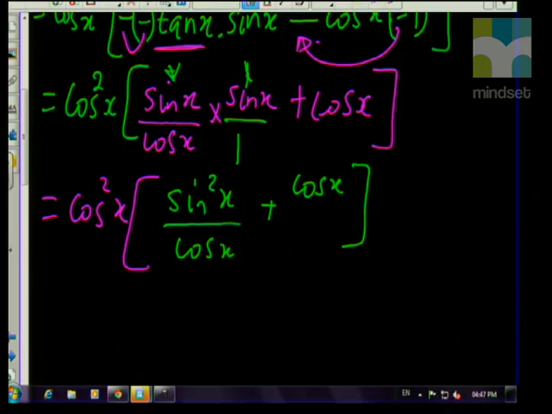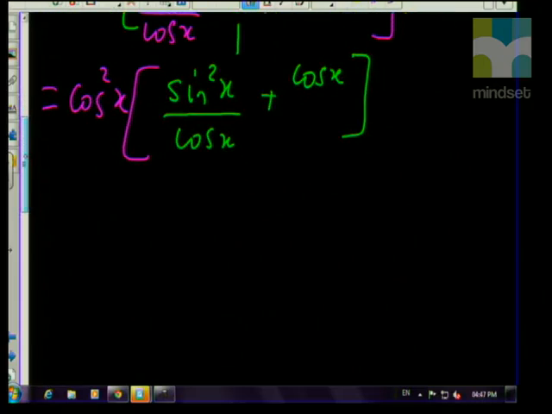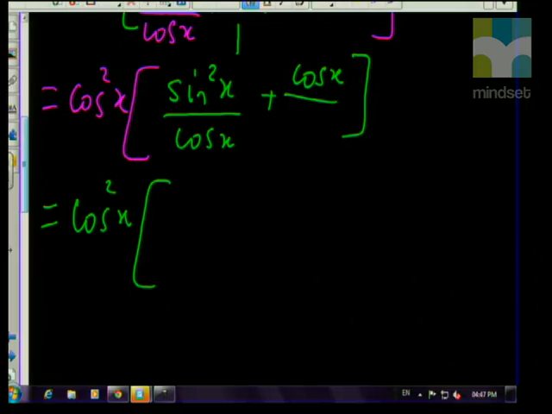All right? I hope we're all still following. Now, we move on. You've got your cos squared x bracket. Now, guys, remember, what happens if you've got your fractions and you're adding or subtracting fractions? You need to find your LCD, okay? Now, remember here, you've got a denominator of 1, right? What's our LCD in this case? LCD is cos x times 1, which gives us cos of x, right?